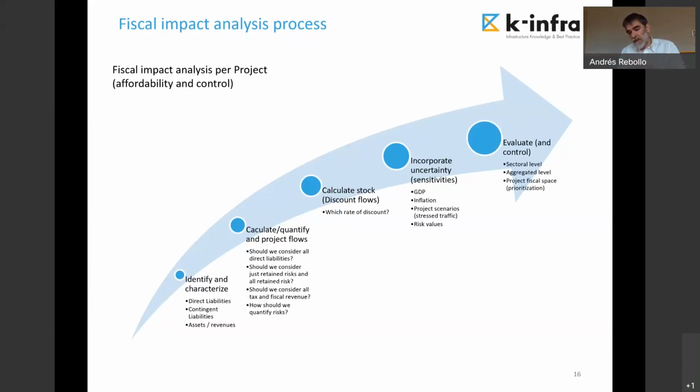qualitatively evaluate the impact and control, in the explicit, the official sense, when we have a ceiling to the PPP liabilities.